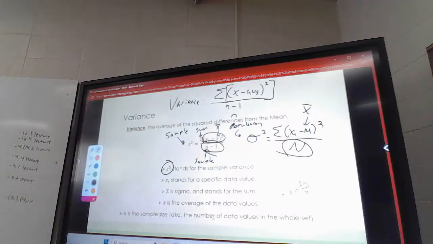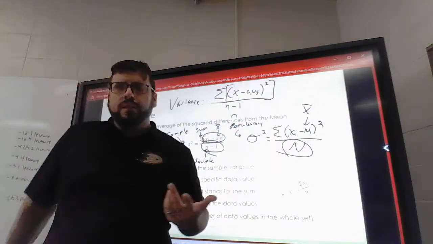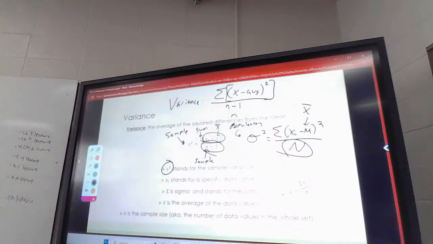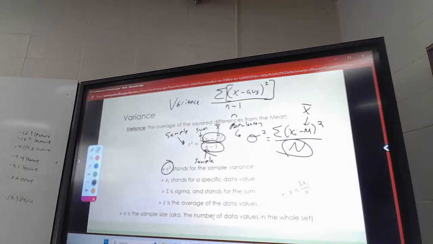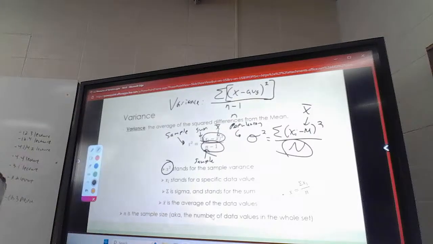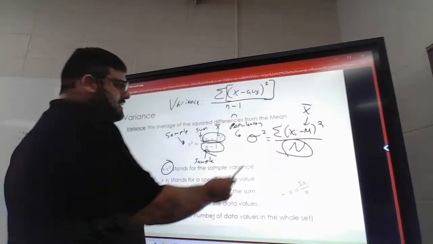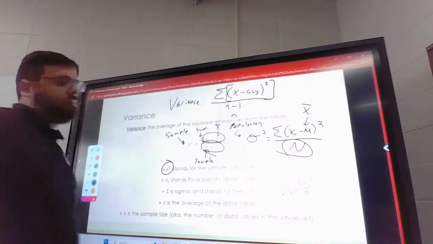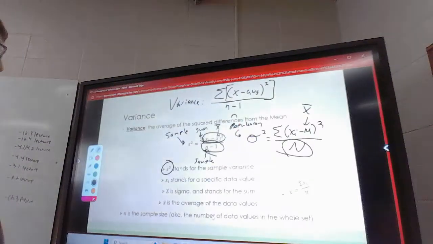The reason why we divide by n minus 1 for a sample is that it gives us some room for error, some margin for error, because like we talked about with sample versus population, sometimes samples don't exactly represent the entire population. But if you're taking data from a population itself, then you would divide by the number of items that you have.